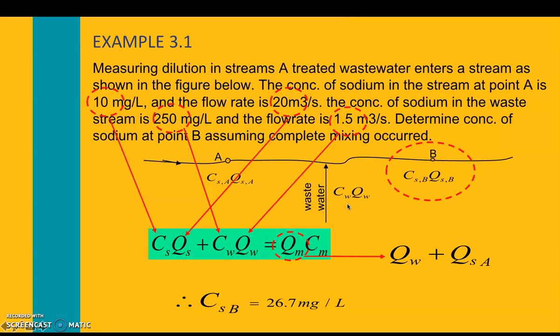So by right, the volumetric flow rate is 20 plus 1.5, so it will be 21.5. After inserting all the values, you will end up with the concentration of sodium at point B, after the discharge water, of 26.7 milligram per liter.